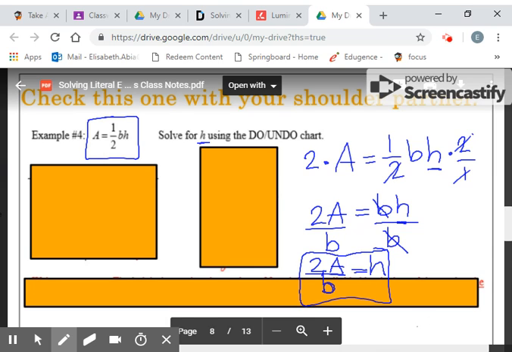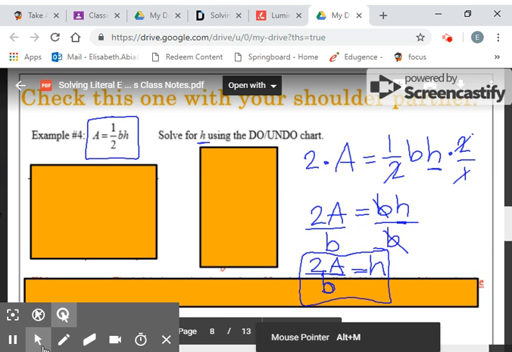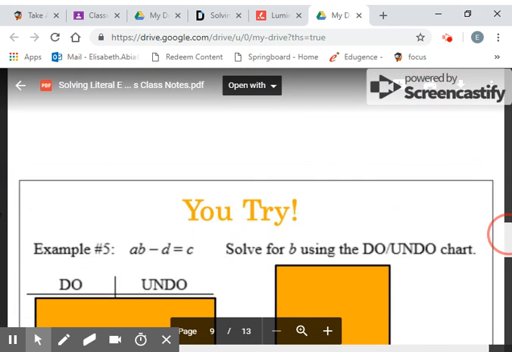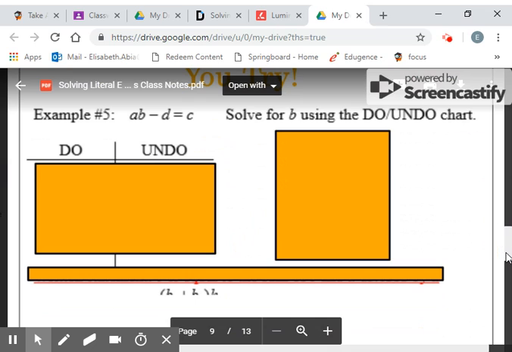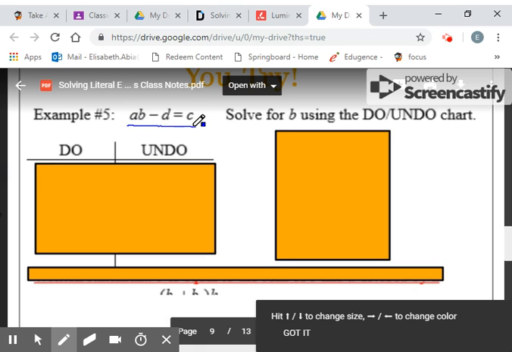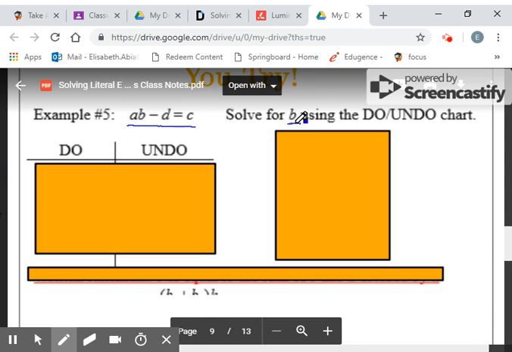Okay, on to example 5. All right, we have a bunch of letters, a times b minus d equals c. We are solving for b.